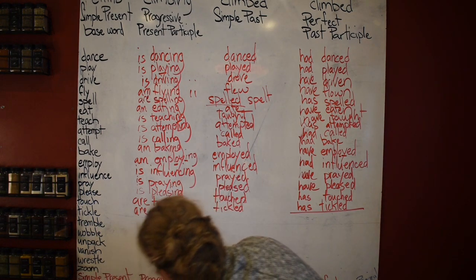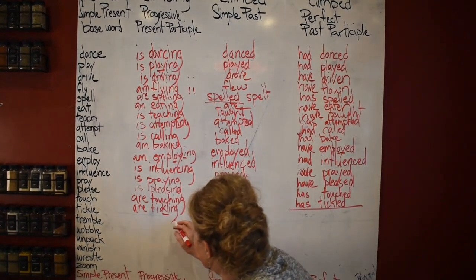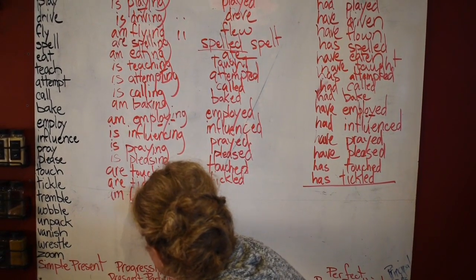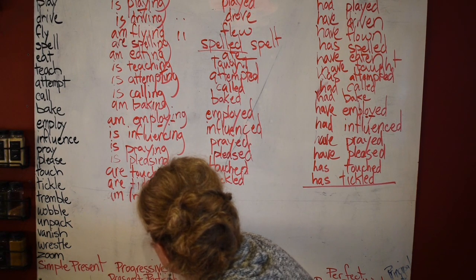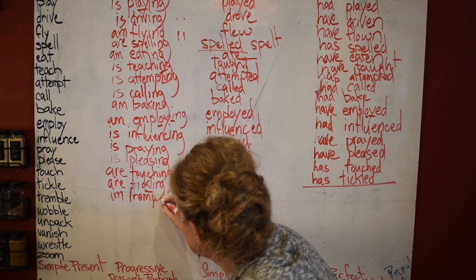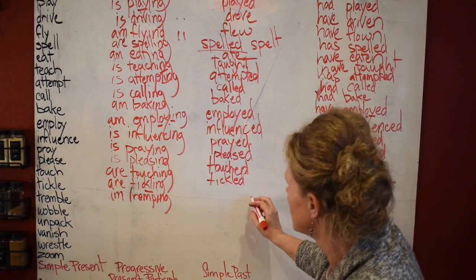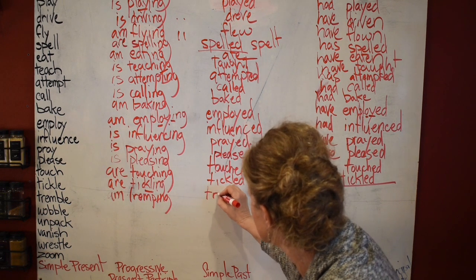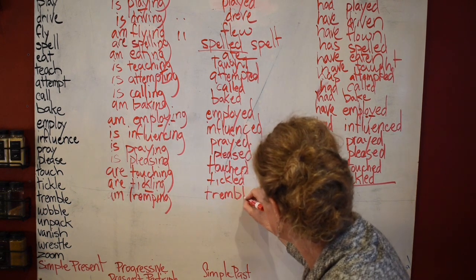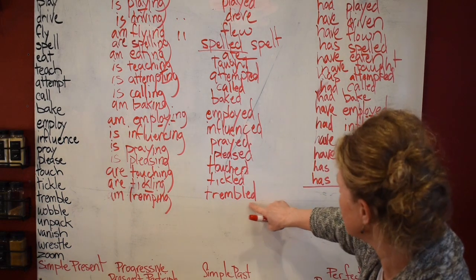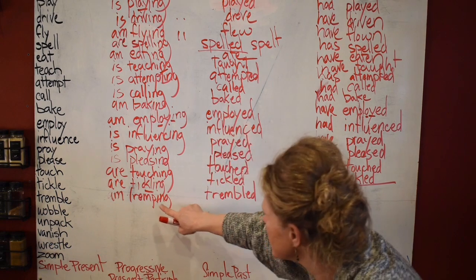Tremble. Is trembling. Am trembling. You're going to drop the E and add on your vowel suffix. Don't forget to cross. Trembled. Look, you're going to drop the E and add on your past tense suffix. This is your present tense suffix.